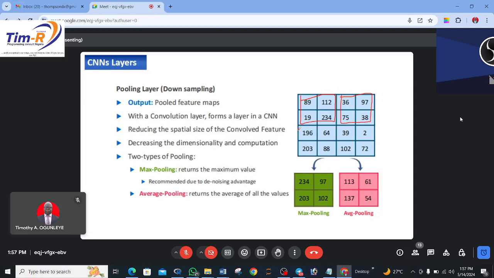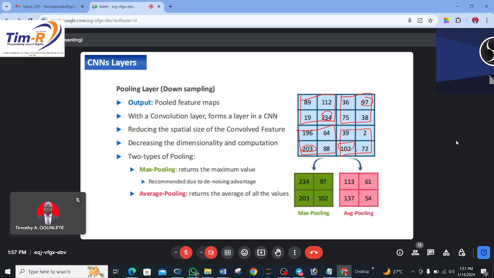If you look at this, and we look at this, this will definitely give us the maximum feature. The maximum value here is 234, which gives us the first input here, and the maximum here is 97, which we can see here, and the maximum here is 203, while the maximum here is 102, which is here.